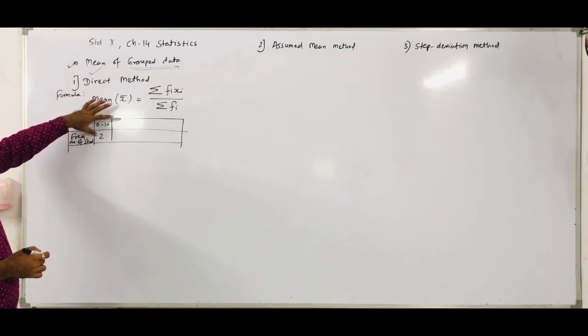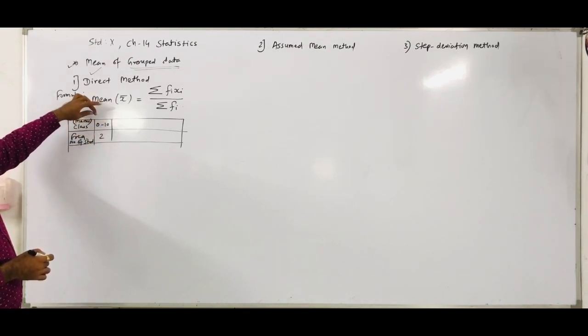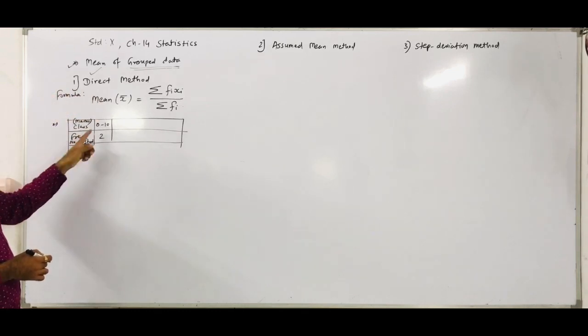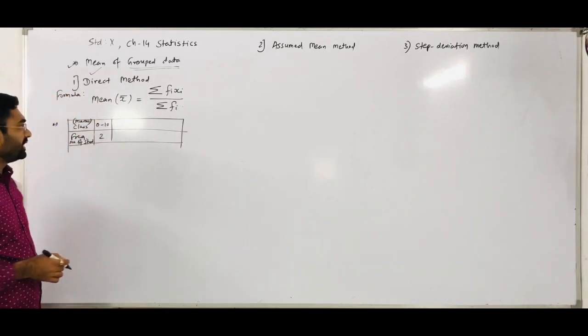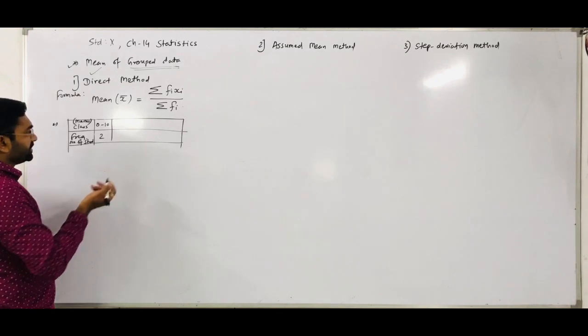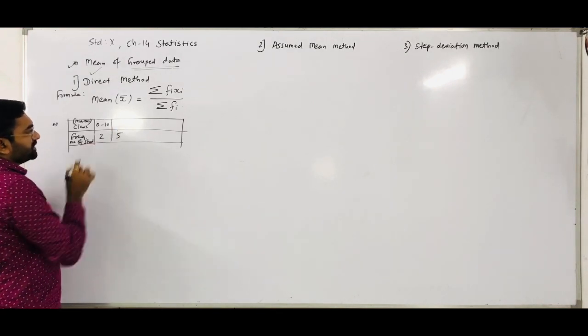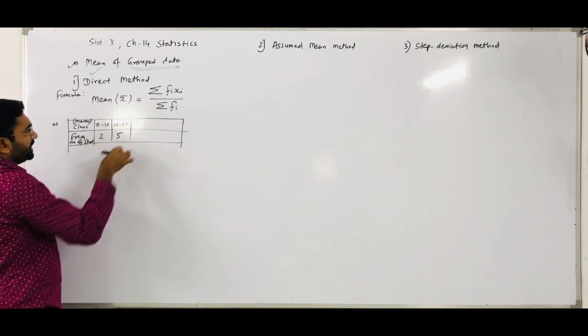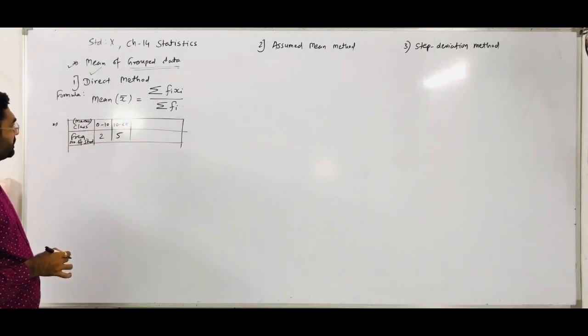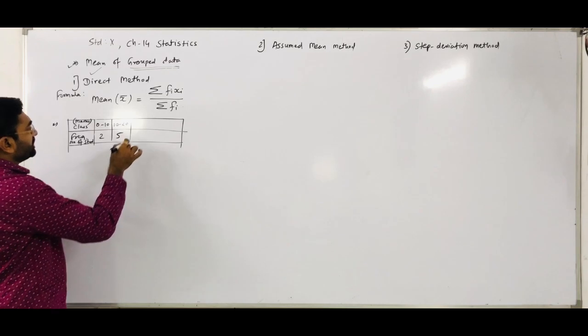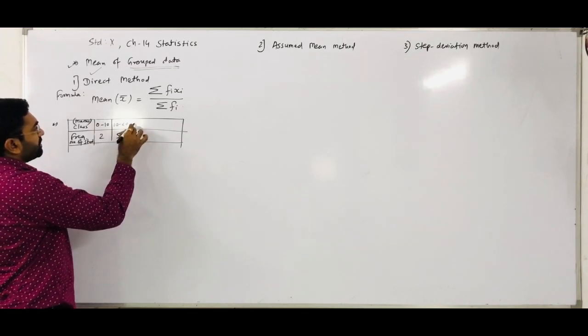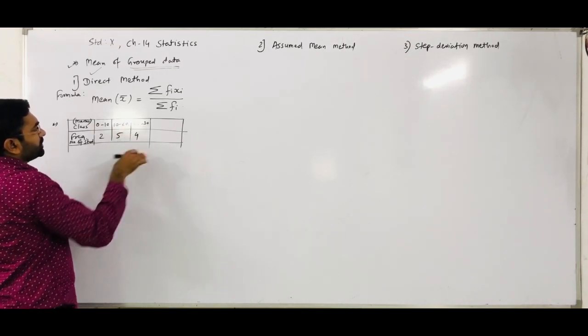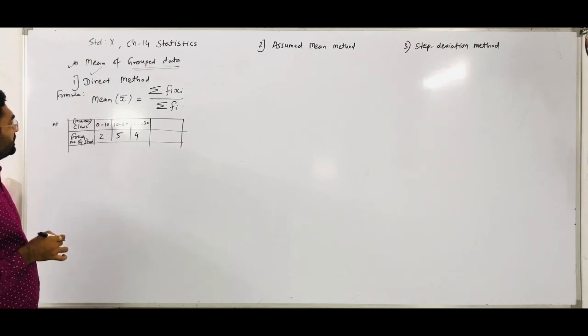So two students in a class are getting marks between 0 to 10, right? And suppose another 5 students are getting marks between 10 to 20, okay? And thereafter there are 4 students getting marks between 20 to 30, right?